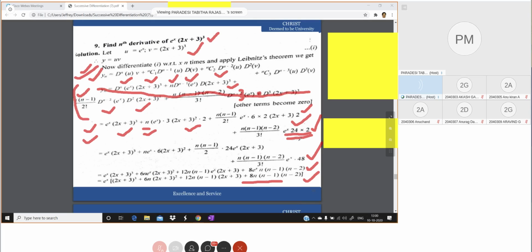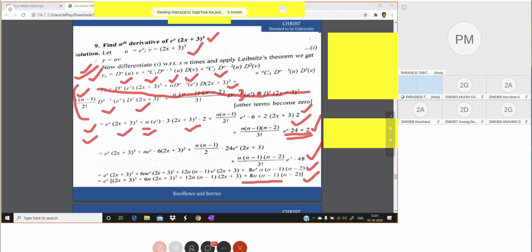So 24 into 2 is correct. 24 without differentiating, and after differentiating yet another 2. Check, Arpan, confirm. Yeah, 24 into 2 is there.